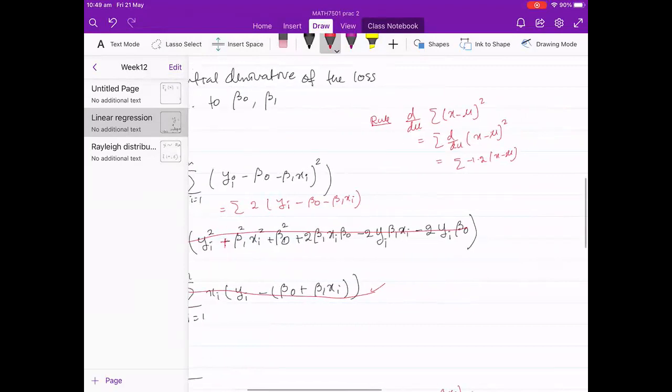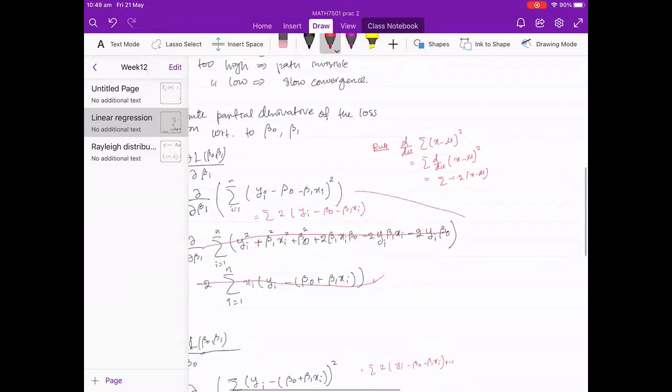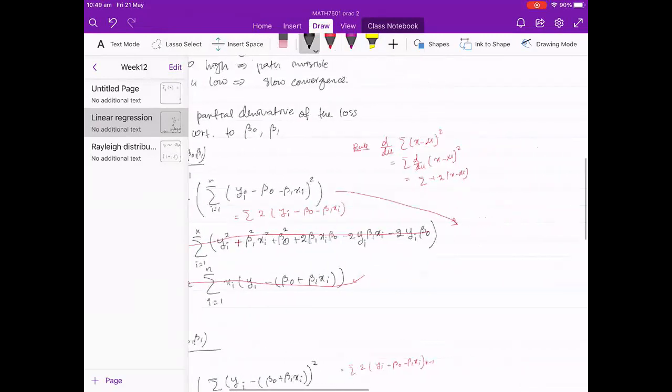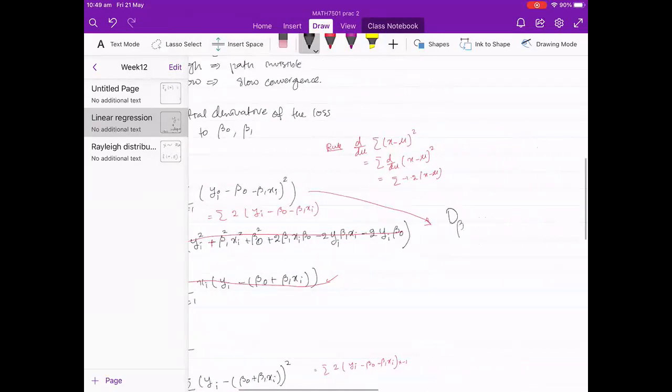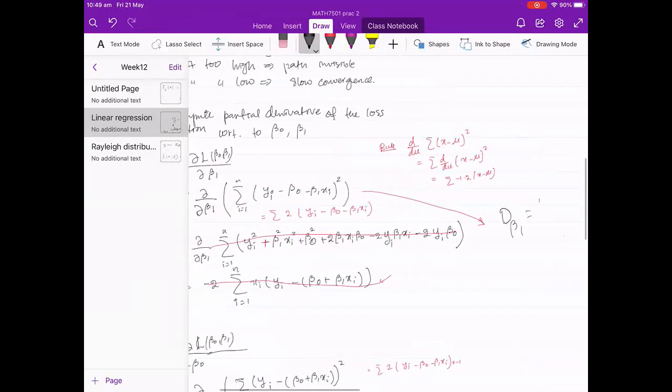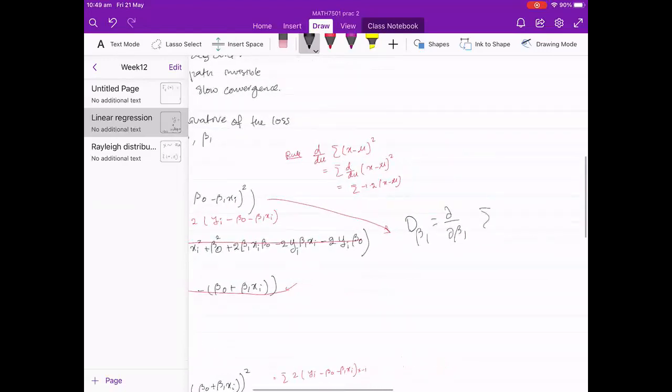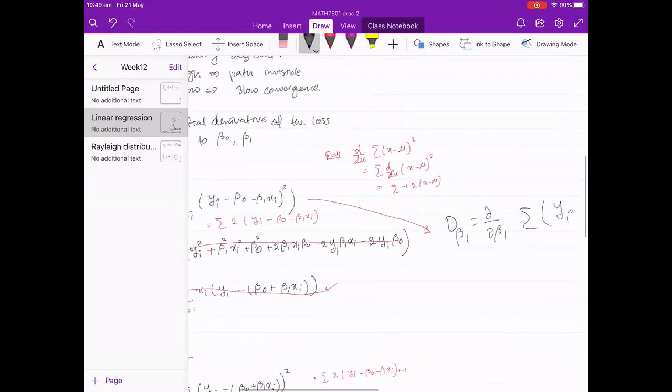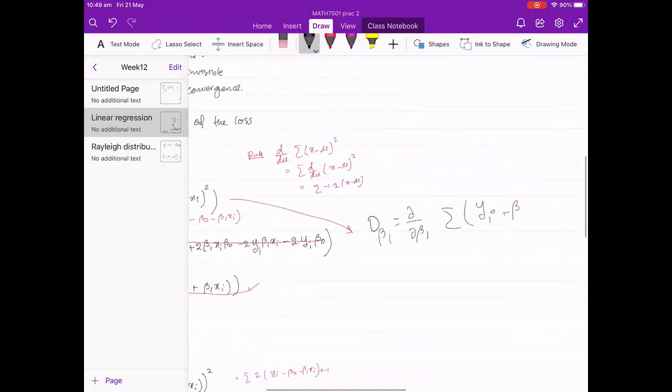Let's say from here, the derivative with respect to beta 1 is equal to d by d beta 1 of the sum of (yi minus beta 0 minus beta 1 xi) squared, i goes from 1 to n.